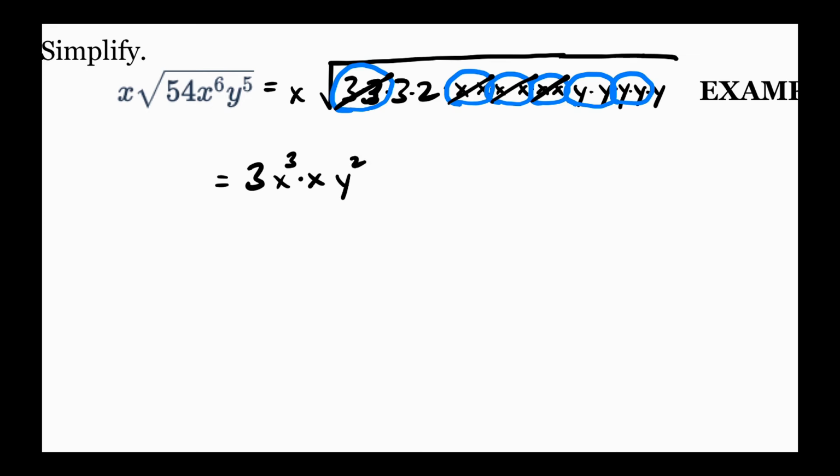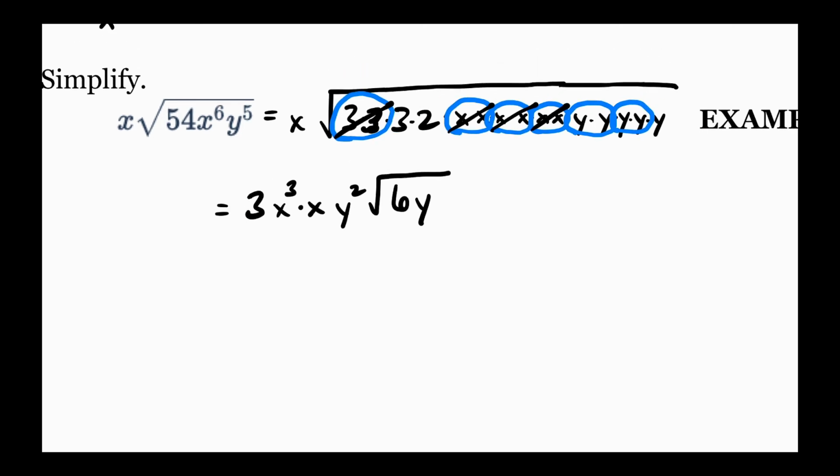Y squared, right? So what's left on the inside? 3 times 2, which is 6, and then y. Now you can combine anything you can combine here. So if I combine those, I get x to the fourth power.